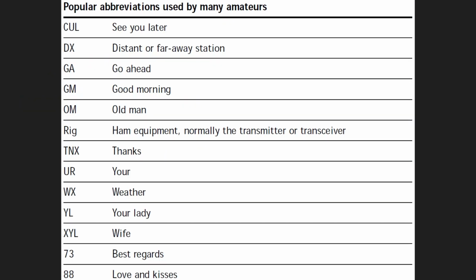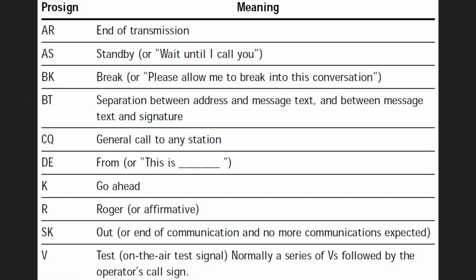You don't have to always follow all the rules. So if you are typing or speaking, you call CQ, this is WC blah blah blah, and you mention your call sign at least 3 times, to make sure the recipient knows your call sign.